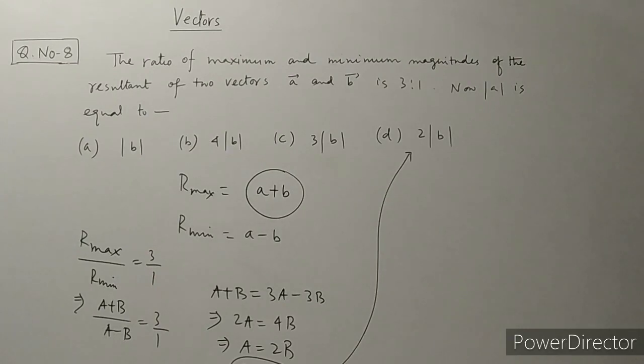What is the value of A? Obviously A by B will be something else. So A in terms of B or B in terms of A can be asked. Fine. So mod A will be 2B. So option D will be correct for this question. Fine. Clear?